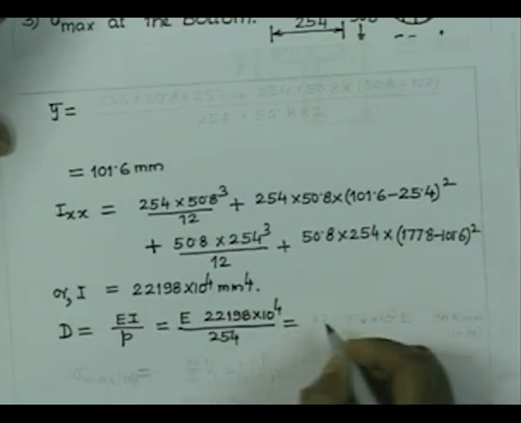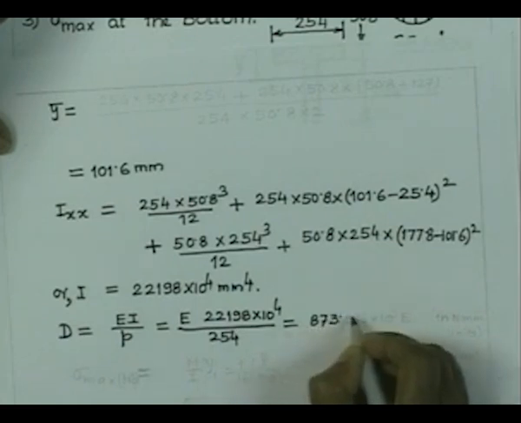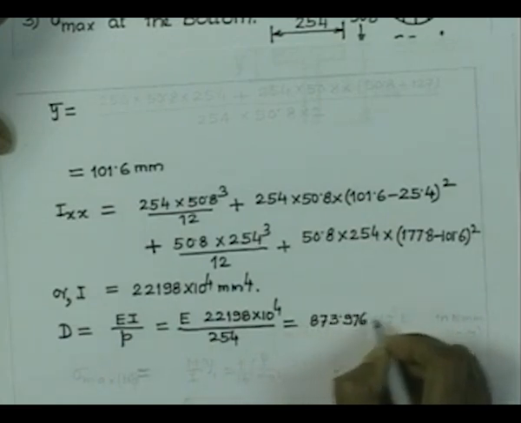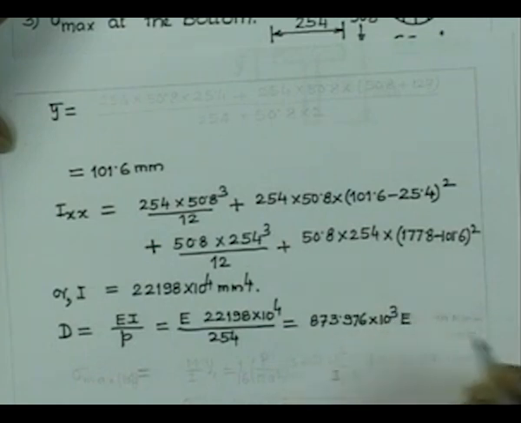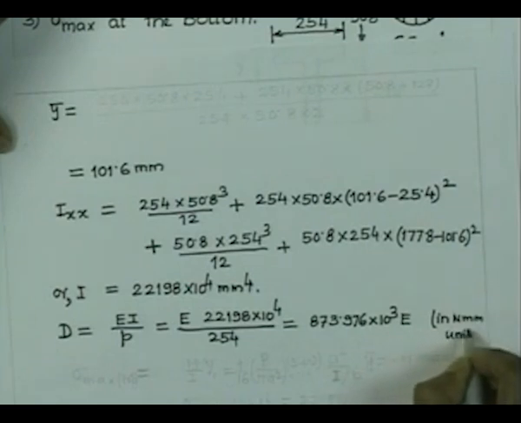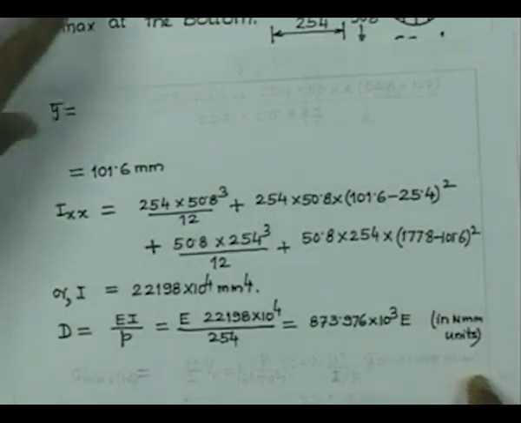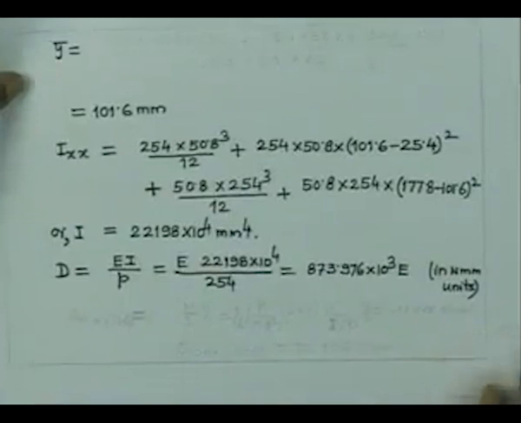So, this gives us 873.976 into 10 to the power of 3 E, in Newton millimeter units. We have to keep everything in Newton millimeter. So, that is the value of D.